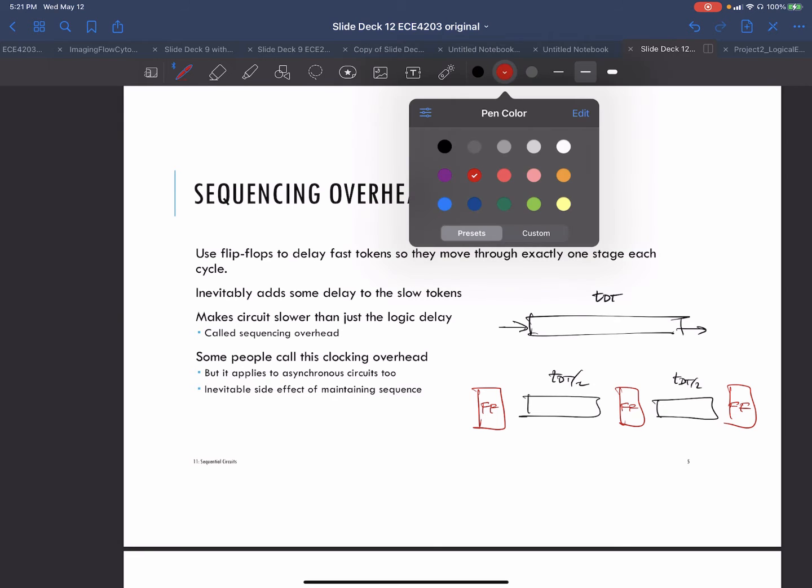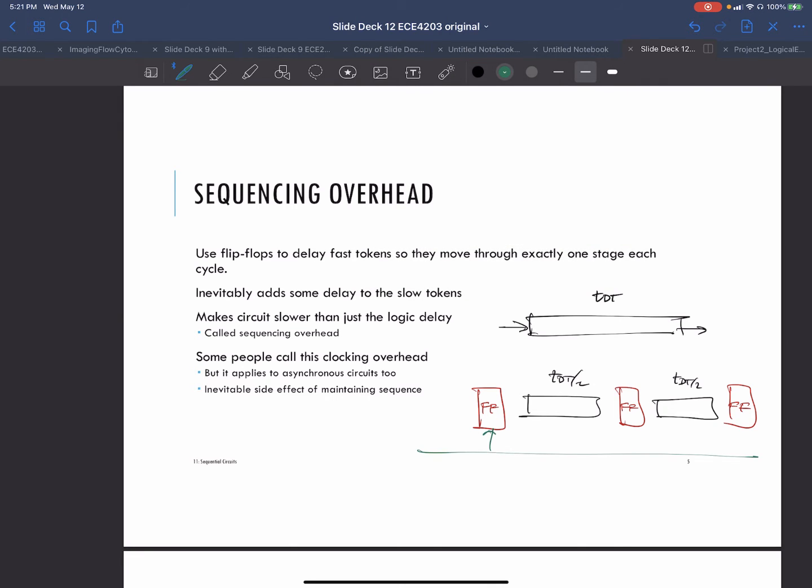And each one of these flip-flops has its own delay. It's not just a delay, but we'll see it has its own timing requirements.